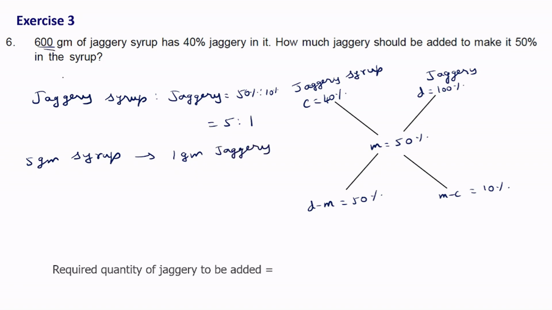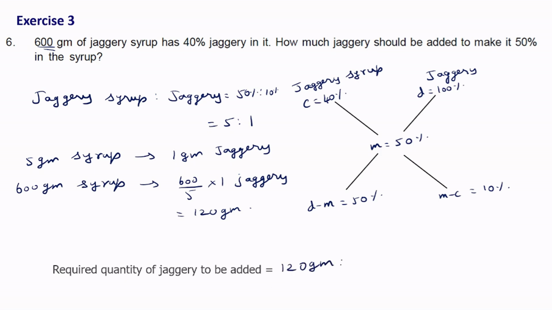So for 600 grams of jaggery syrup, we have to add 600 by 5 into 1 jaggery. So this is 120 grams. So the required quantity of jaggery to be added is 120 grams.